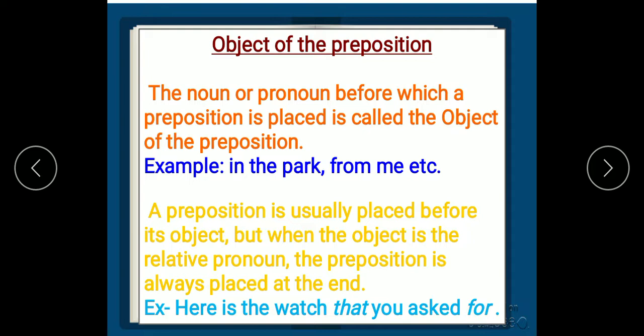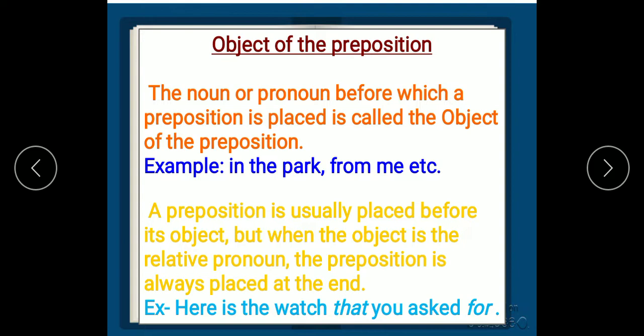Okay, here is the watch that you asked for. Here, that is relative pronoun. And that's why preposition for is placed at the end. In this sentence, that is the relative pronoun and that is why for, which is preposition here, is placed at the end.